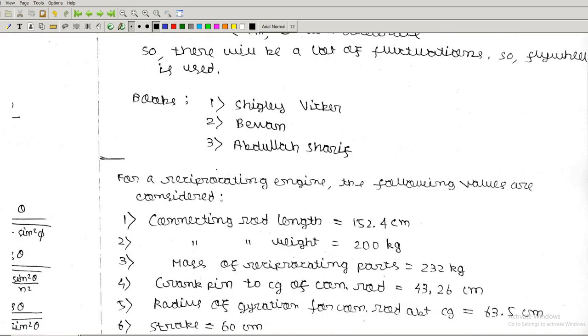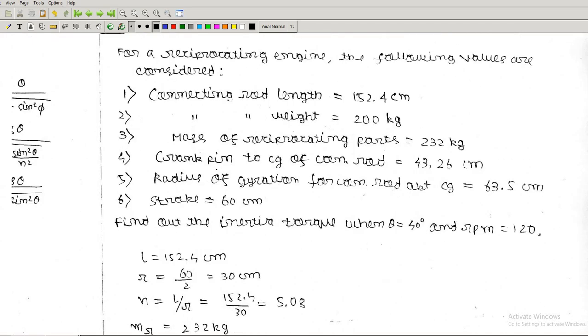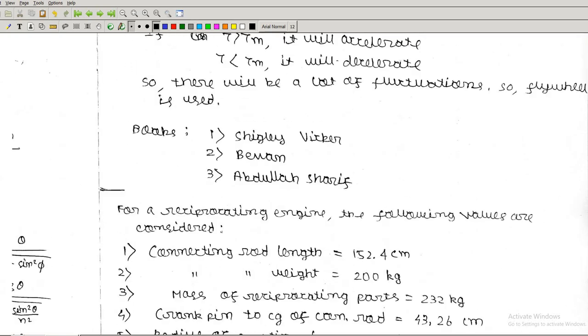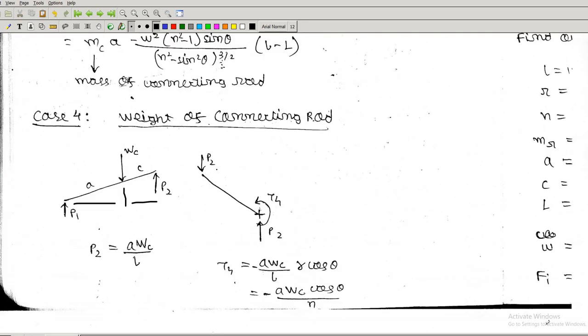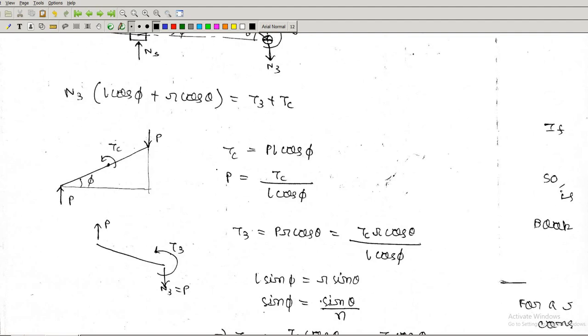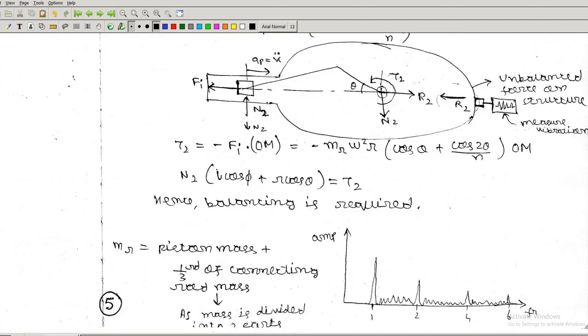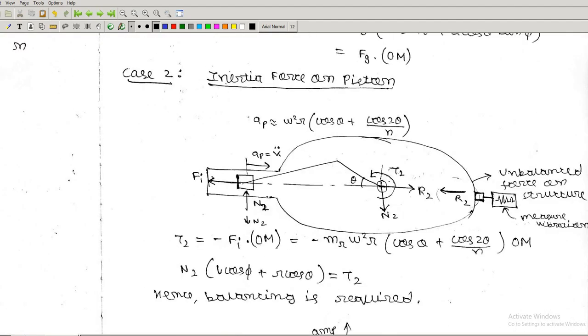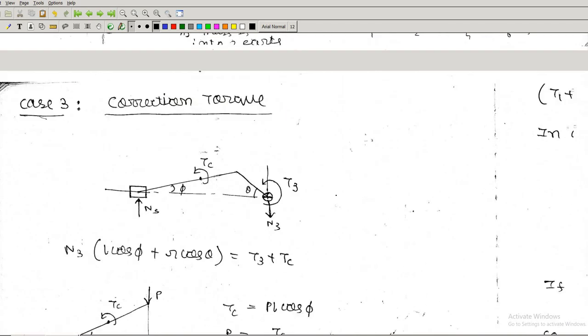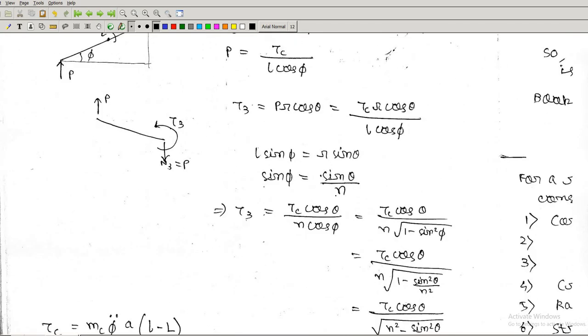So this is the turning moment diagram, and from the superposition of the torques we get the turning moment diagram, and from the acceleration of the piston we get the unbalanced force. If it is a multi-cylinder engine, then the unbalanced forces from all the cylinders create a moment. So that is another case which we will study.